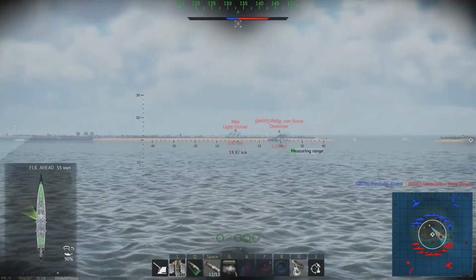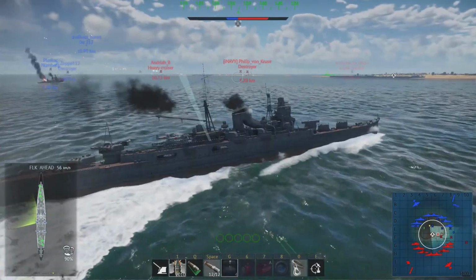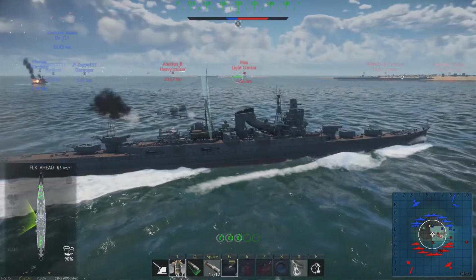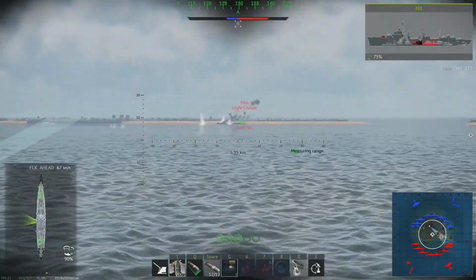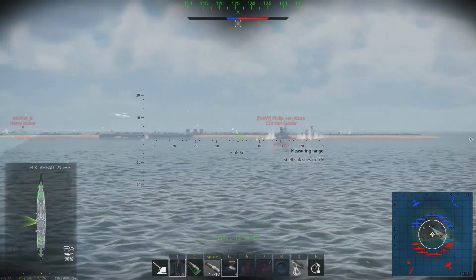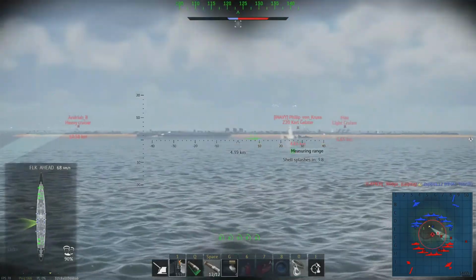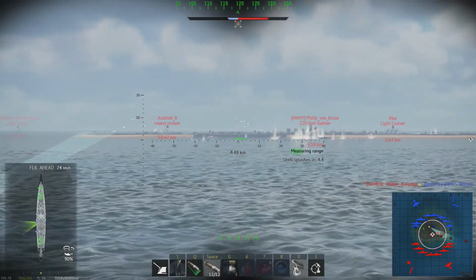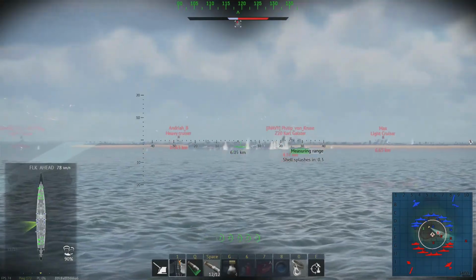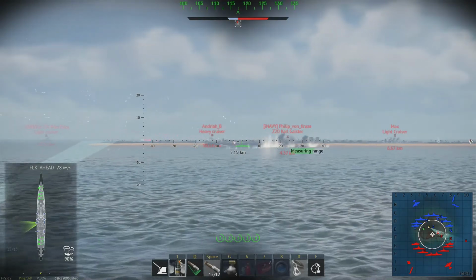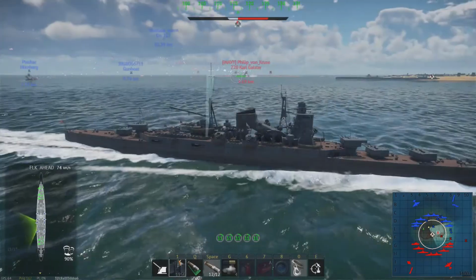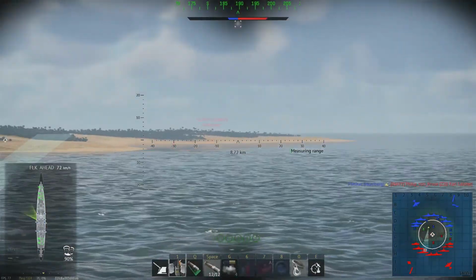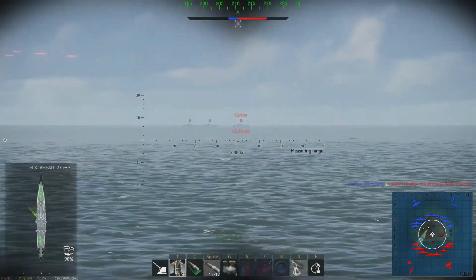Uh-oh, a destroyer. Let's take out those carriers now.